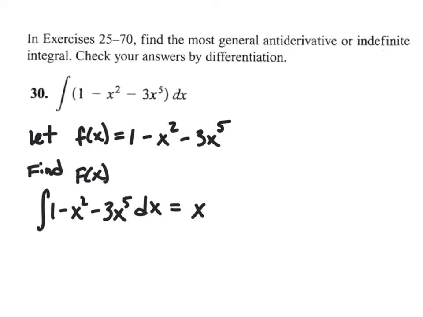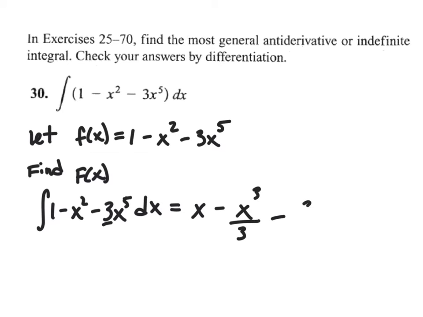Now I need to do the power rule. If I were to take the antiderivative of negative x squared, I'm going to put my negative sign there, and this is just going to be x to the third power. I'm going to increase my exponent by 1, and then divide by my new exponent. And then over here, minus, now I've got the 3, that's a constant multiple, I'm going to keep that there.